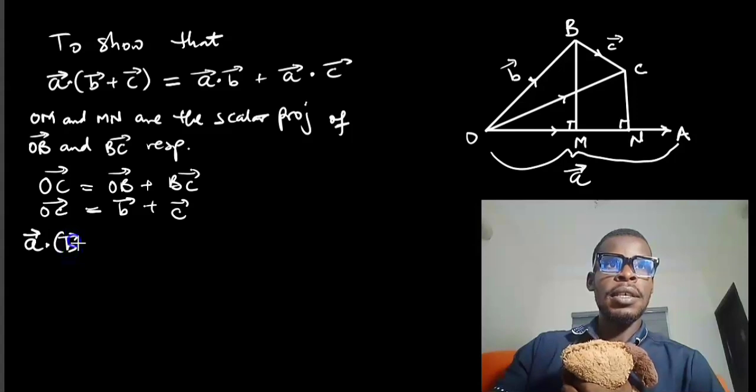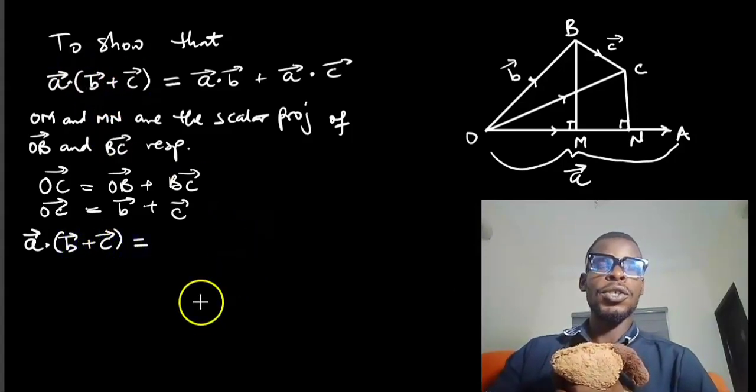That is A dotted with B plus vector C. That's the left-hand side of what we want to show.